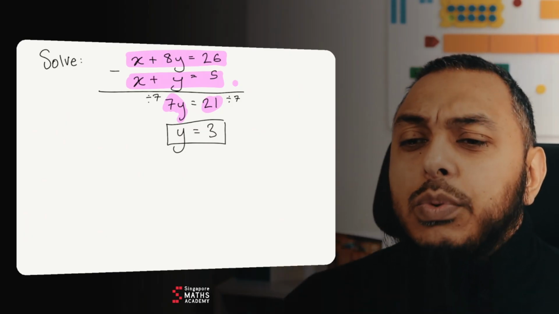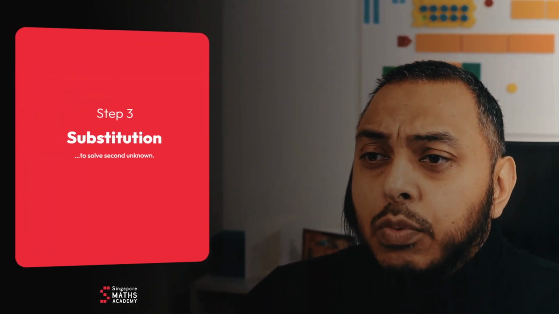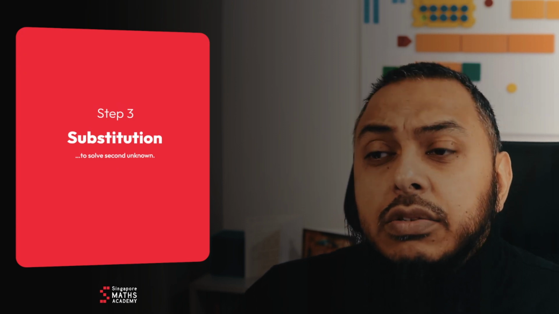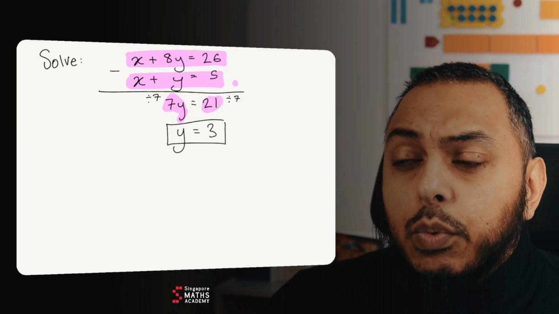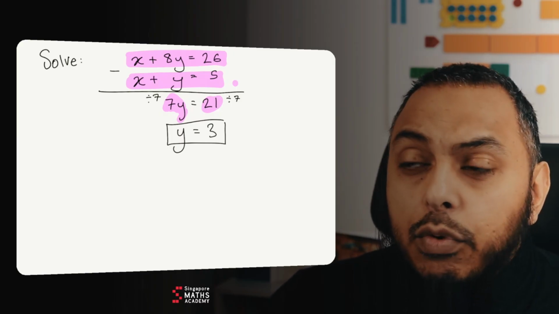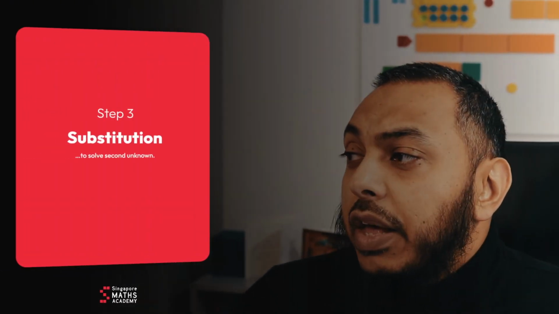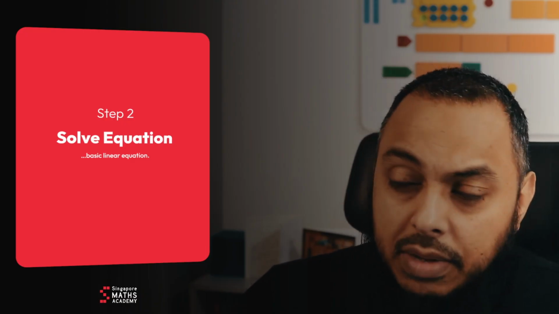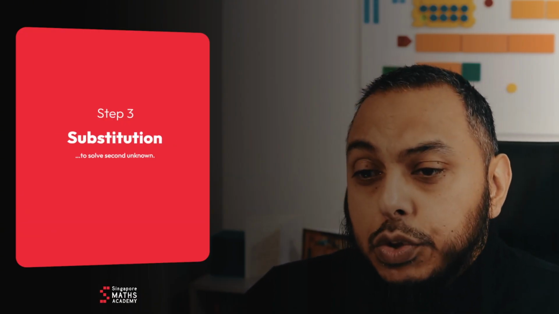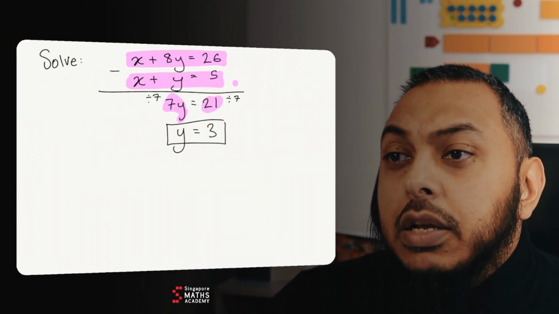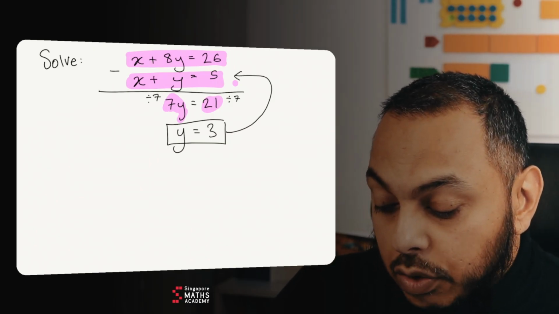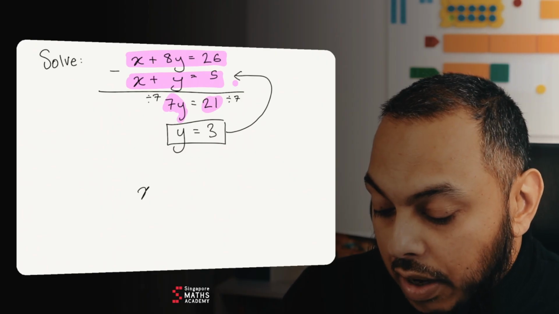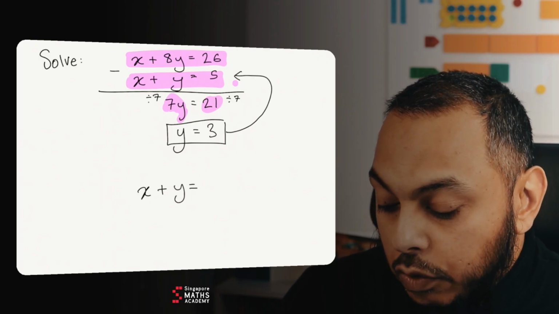Okay, so what did we say we need to do after that? After we solve the equation, so we've just solved 7y equals 21, and therefore y equals 3, we're going to go to substitution. So what does that mean here? We're going to substitute the y value into either of these equations. I'm going to choose this one. So I've got x plus y equals 5.